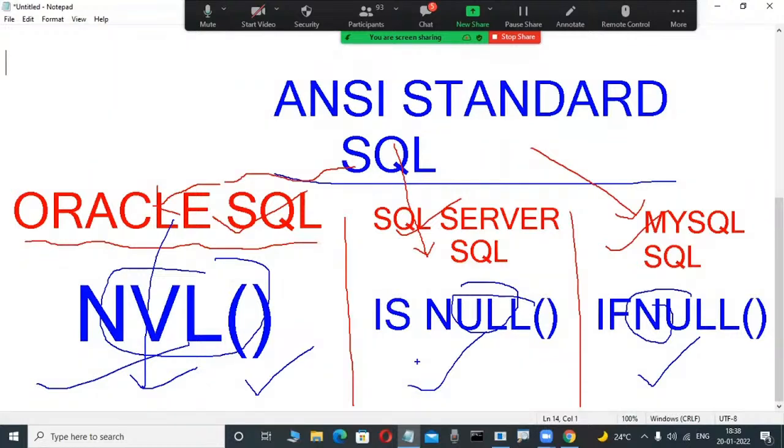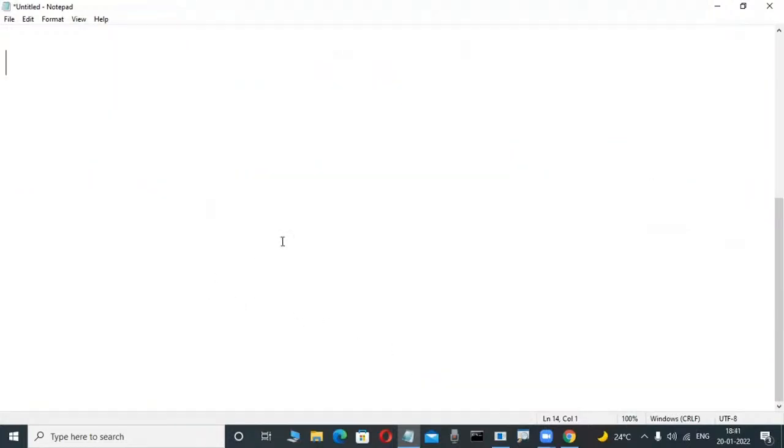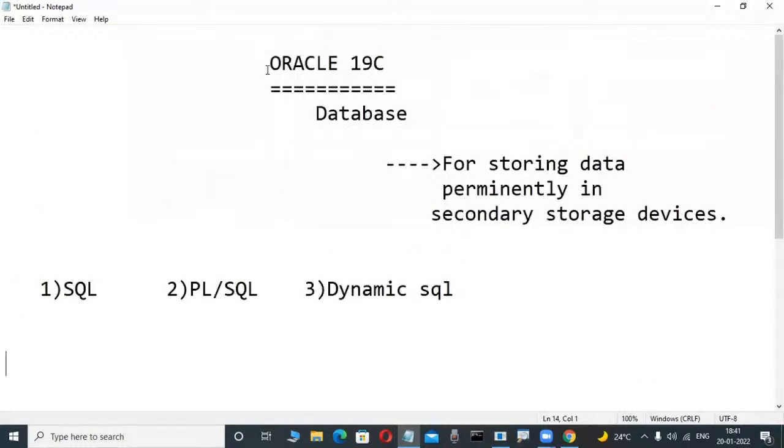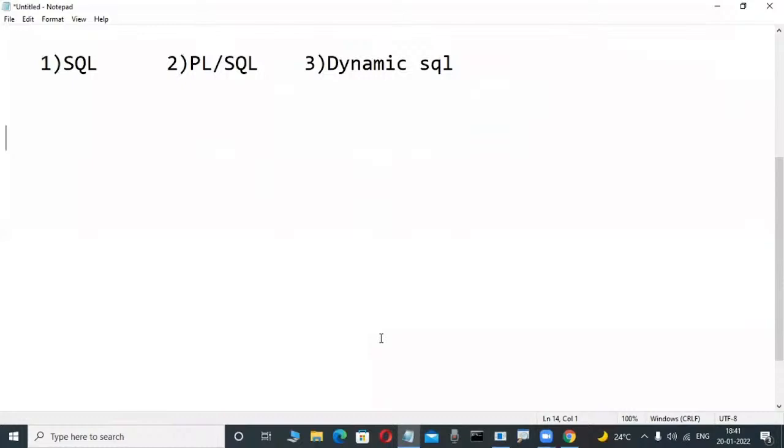That's why, always, what we are learning is that SQL is an ANSI standard language. From that SQL language, Oracle Corporation created their own SQL language called Oracle SQL.